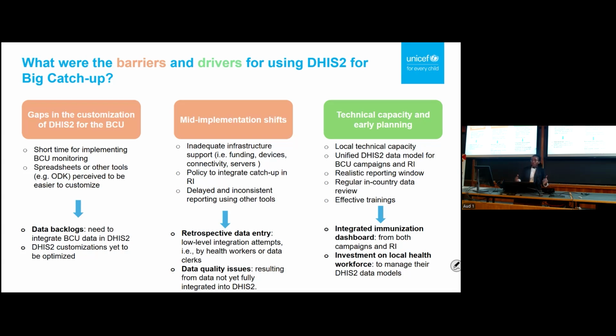And that then resulted in having data backlogs. The need to then integrate this data into DHIS2. Why? Because they still want to have the data in DHIS2. And some of them want to make a complete shift from using the tools they had earlier decided on to DHIS2. So that meant that there was this backlog issue they had. And so we had that in our hands.